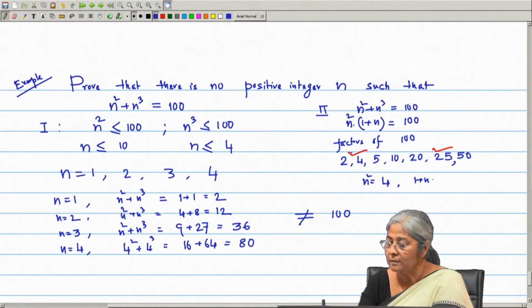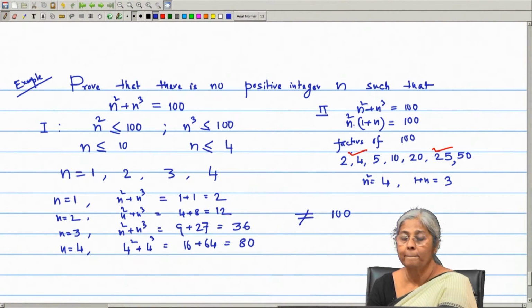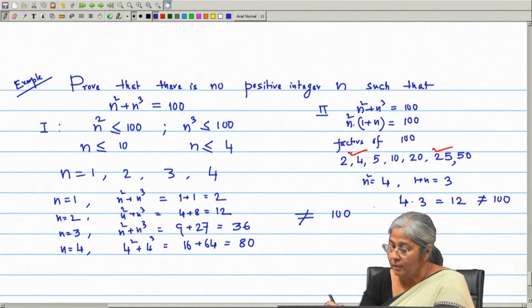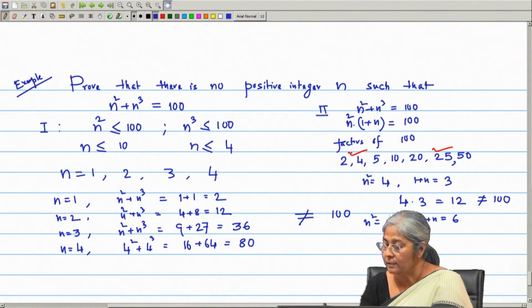So, 4 into 3 equal to 12, not equal to 100. And if n square equal to 25, then n equal to 5, 1 plus n equal to 6. Then 25 into 6 is 150, which is not equal to 100.